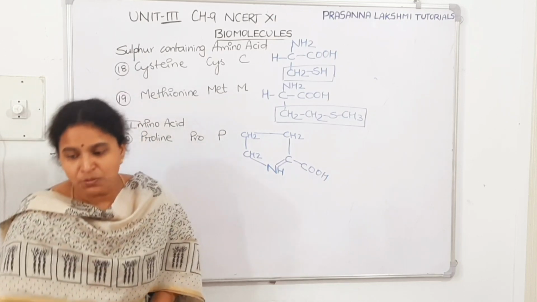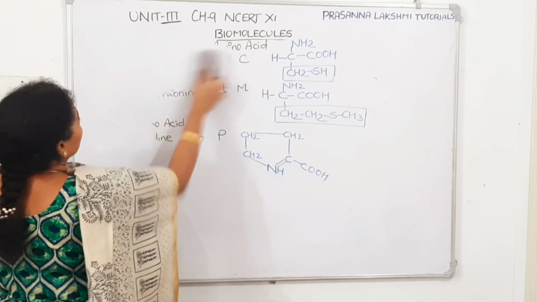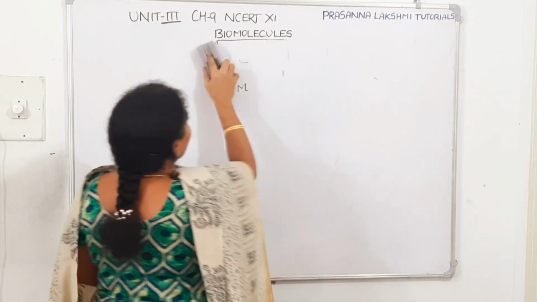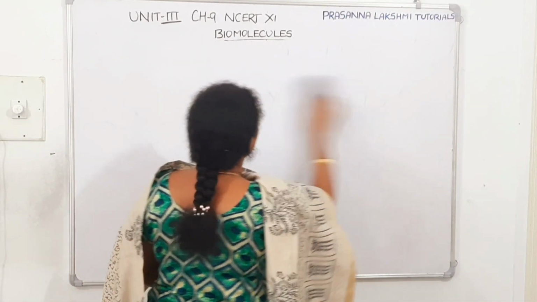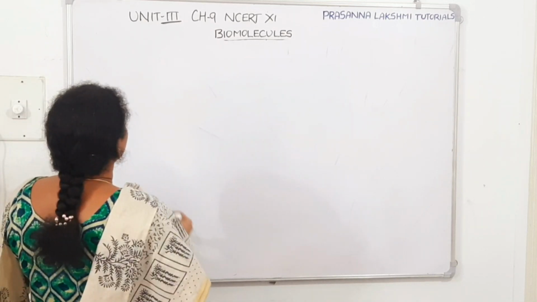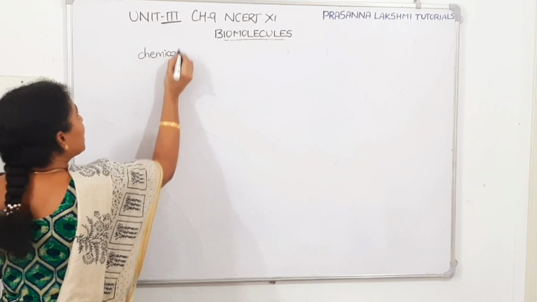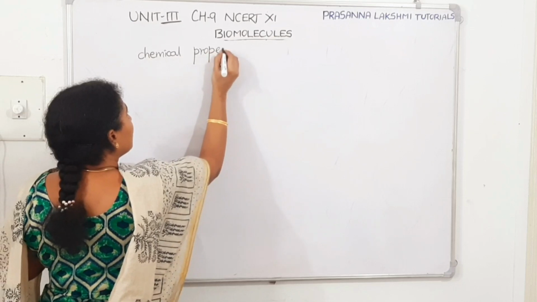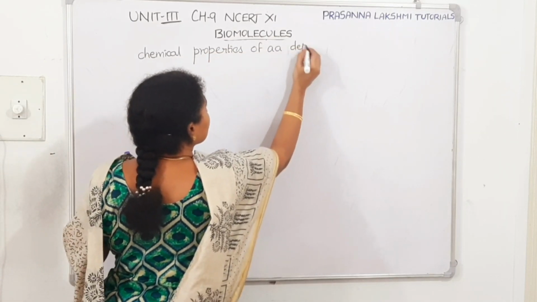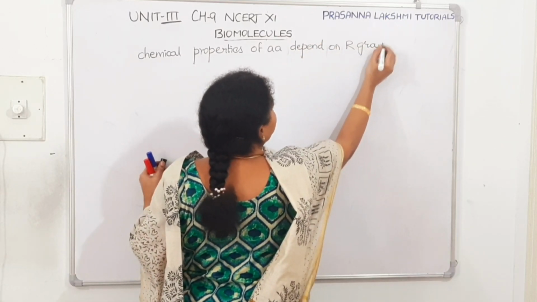So then the next one is, what is the charge? Amino acids, how do they react? Amino acids are reactive. The chemical properties of amino acids depend upon the acidic and basic charges, that is, on the R groups.